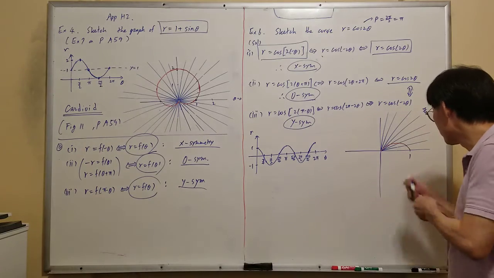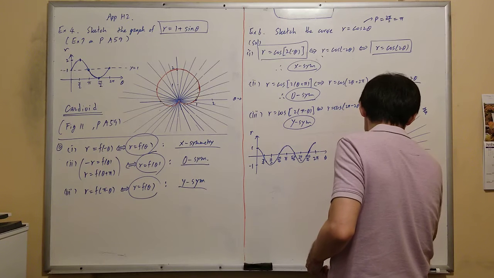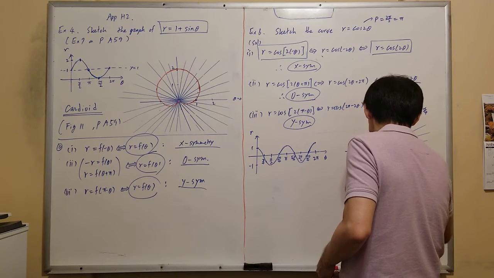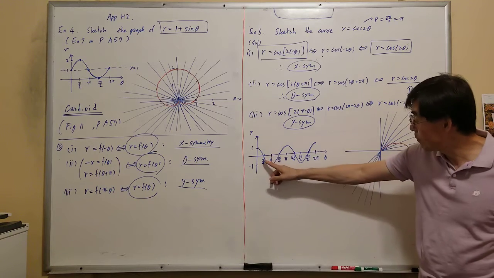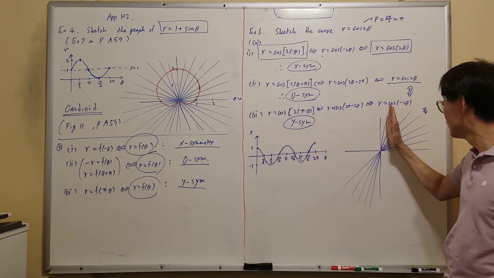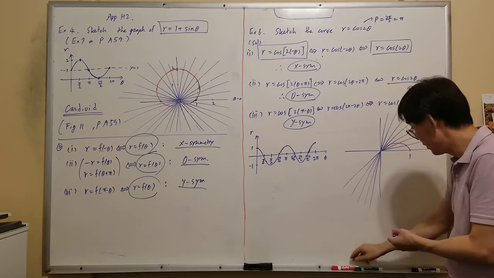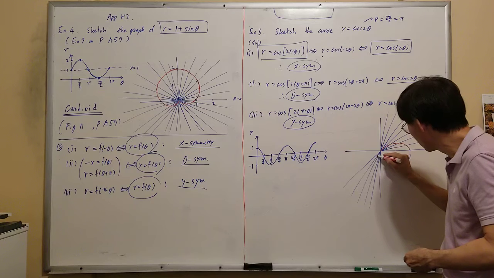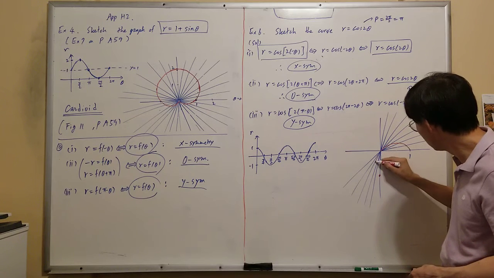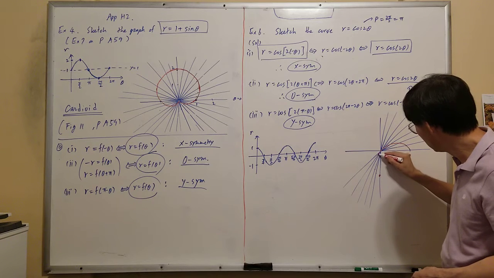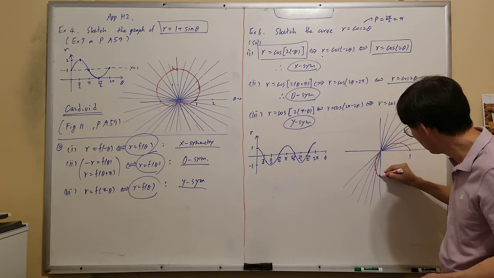Getting shorter and shorter. And then after that, from pi over 4 to pi over 2, r goes from 0 to -1. That means on the other side, 0 to 1, all the way to length 1. Longer and longer, right? The graph will be like this.